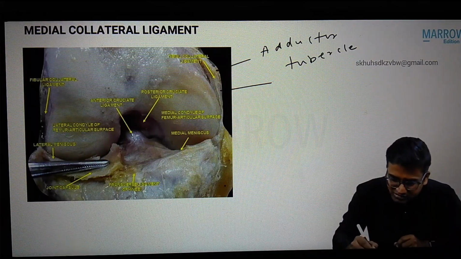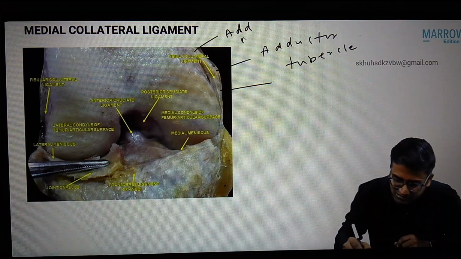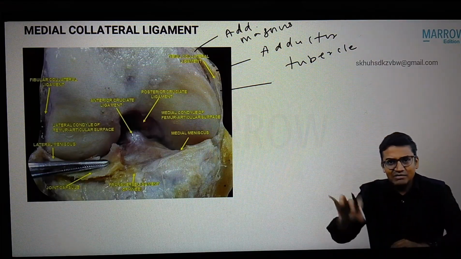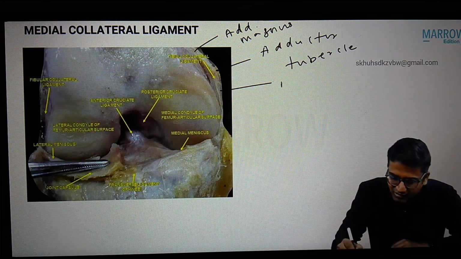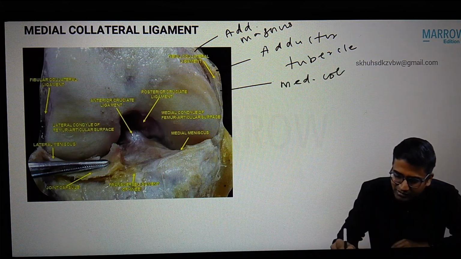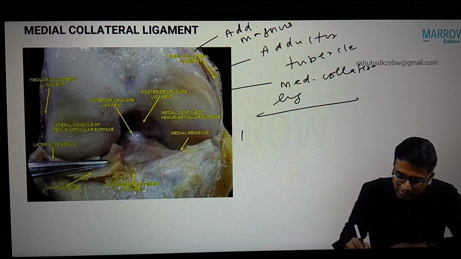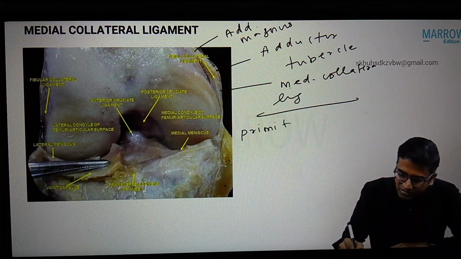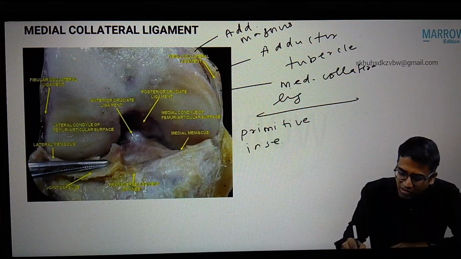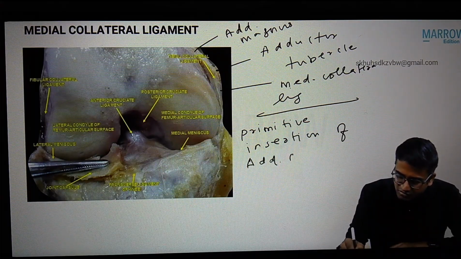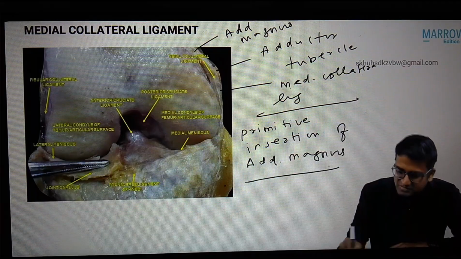So this is our adductor magnus muscle attaching to the adductor tubercle, exactly in the same line of attachment as this ligament. What ligament? Medial collateral ligament. So, what is the medial collateral ligament? It is nothing but the primitive insertion of adductor magnus muscle.